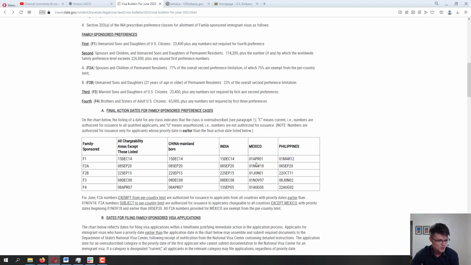And especially with Mexico, because the U.S. borders with Mexico. So when everybody there realizes how dumb these wait times are, how ridiculous it is, and you have to pay the fees, and you have to go through background checks, and you have to go through all of these medical examinations, when instead you can just go and cross the border.